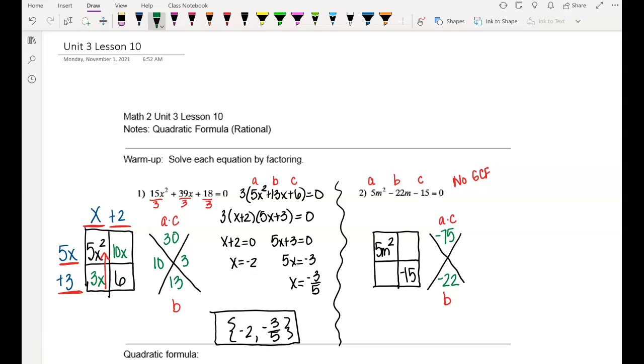And since the sum is negative, the larger factor is negative. So this would be positive 3 times negative 25. That gives me a product of negative 75 and a sum of negative 22. So one of these is 3m, the other is negative 25m.